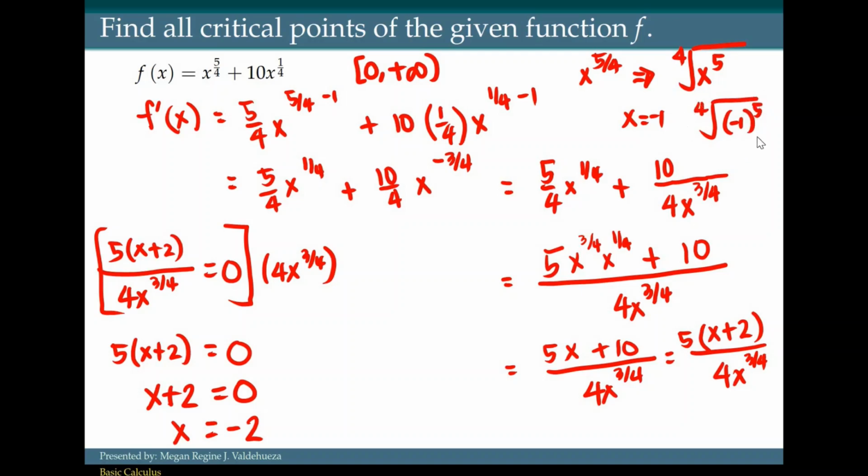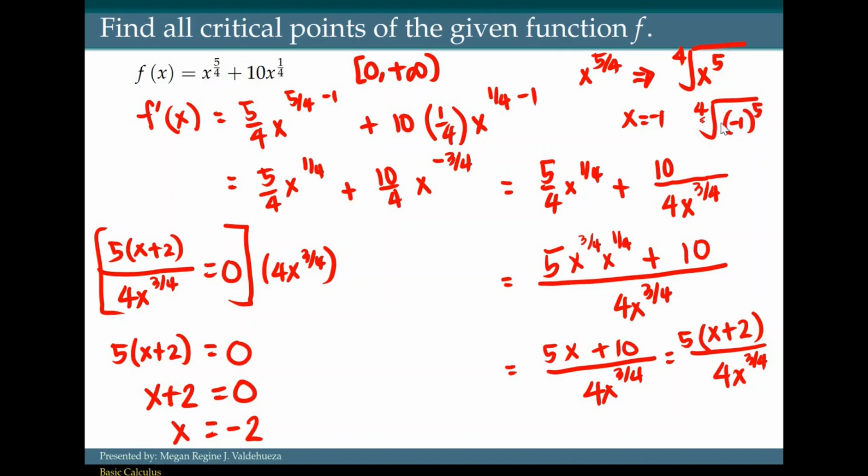And if we have an even index here, so we have square root, fourth root, sixth root, so we have an even index. The domain of this expression or the function should be x greater than or equal to 0.